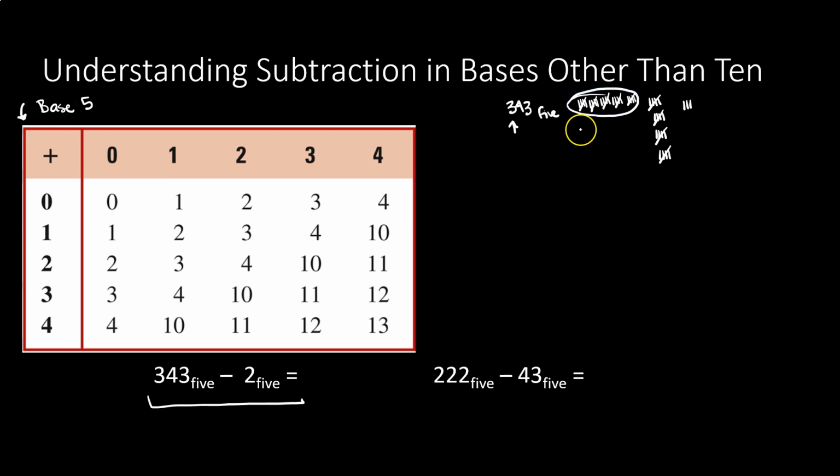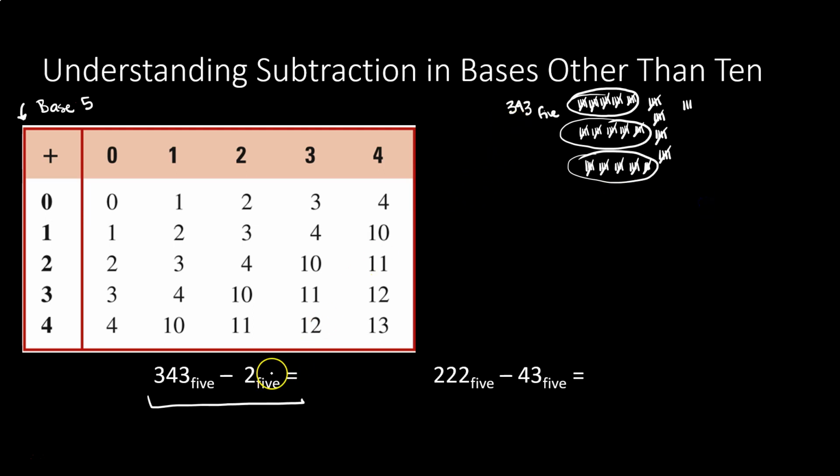I need 3 of those. Okay, that's 2. I need 1 more. All right, so I have 3 of the 5 groups of 5, I have 4 of the groups of 5, and I have 3 singles. So that's our number, 3, 4, 3, base 5.